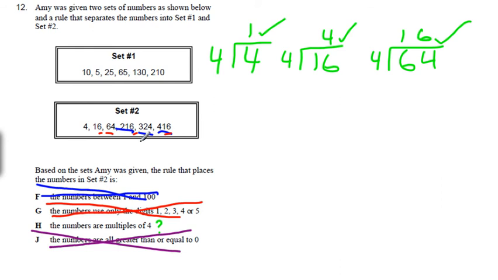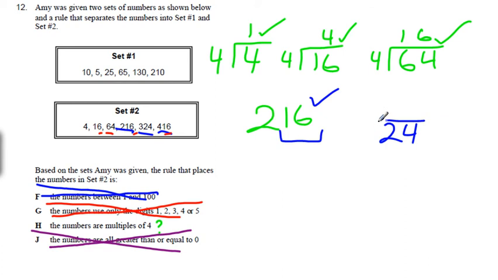And then if you remember your rules of dividing by 4, you remember that all you need to check are the last two digits. If the last two digits are divisible by 4, then the whole thing is. So 16 we just said was divisible by 4, so that works. 324, if we look at the last two digits, that's 24.